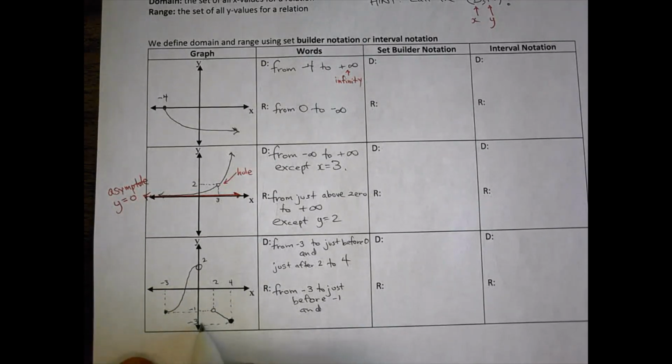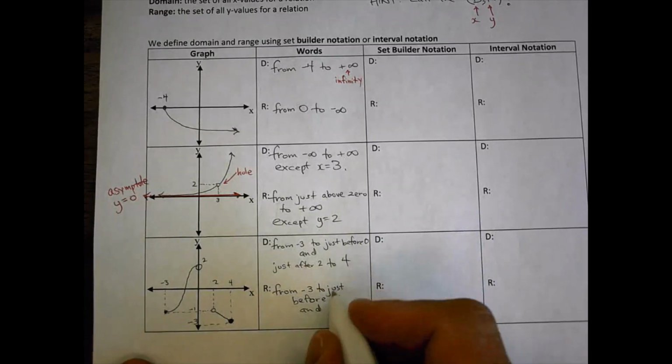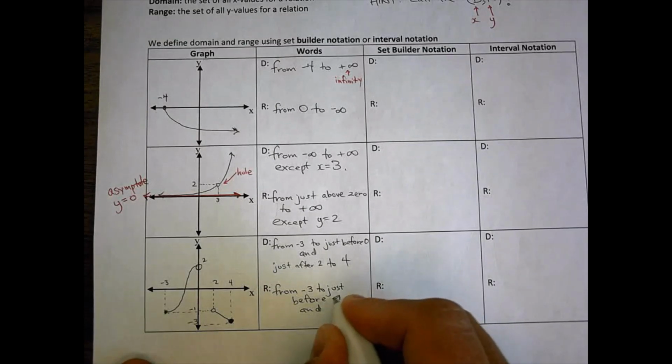I include -3, and all of these y values up to -1, but then -1 does exist over here, and it includes all these y values until just before 2.